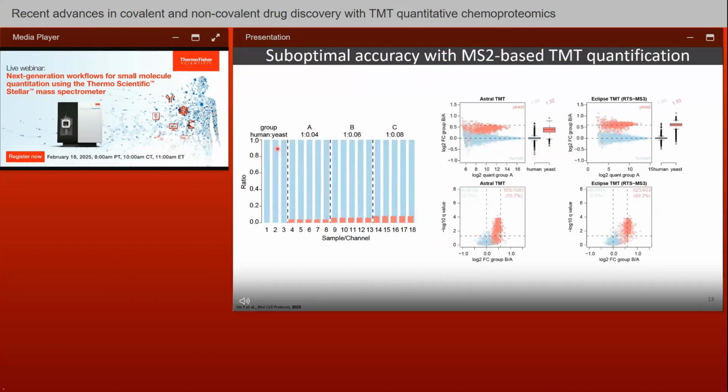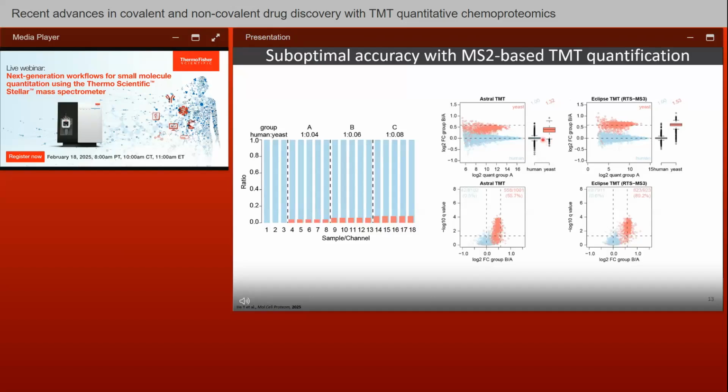We're expecting to measure a 1 to 1.5 ratio, but because of co-isolated interference that compresses the ratio towards 1 to 1, what we are actually measuring is 1 to 1.3 on the Astral. As a result, only 50% of these yeast proteins are called significant changes. We're expecting 100% to be significant, but we're only getting 50% of them here.